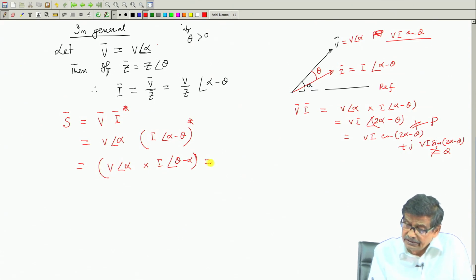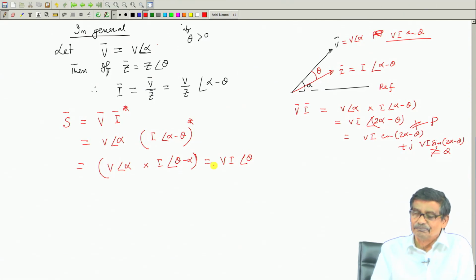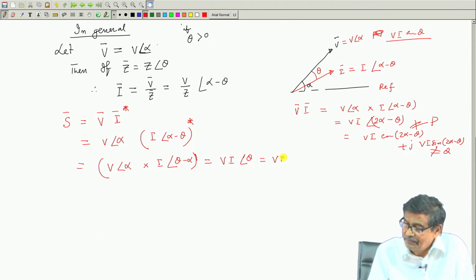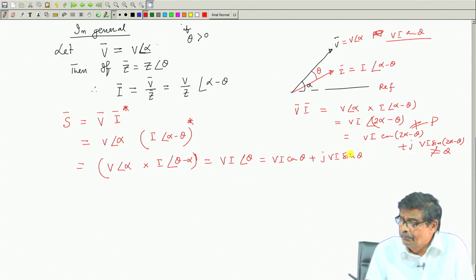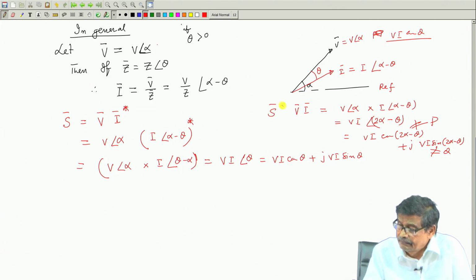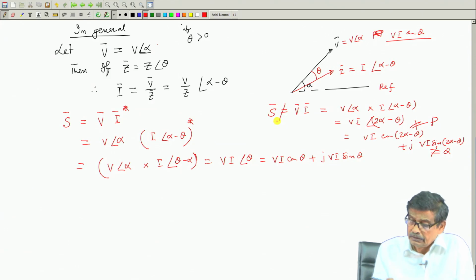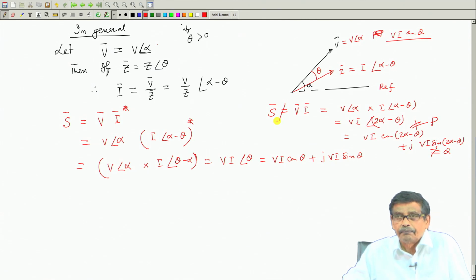If you multiply these two, it becomes V I angle theta, and I am now very happy, because its real part is P, V I cos theta, plus j V I sin theta. So, never multiply V into I and say that that is your S. No, I star you have to take. That is the convention followed by everybody.